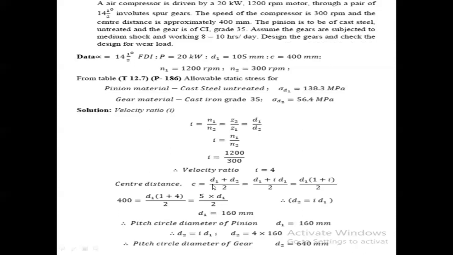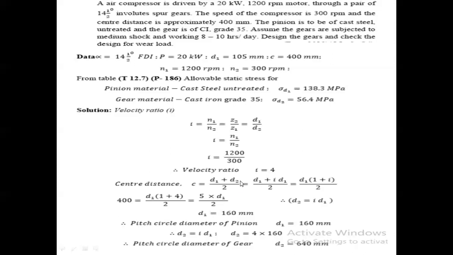By using this 400 mm, the center distance C is equal to (d1 plus d2) by 2. This is an equation. By the velocity ratio relation, i is equal to d2 by d1, so d2 is equal to i into d1.